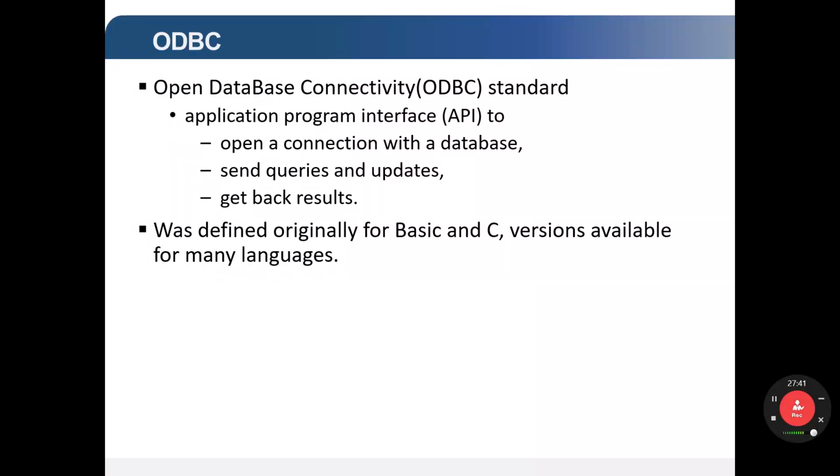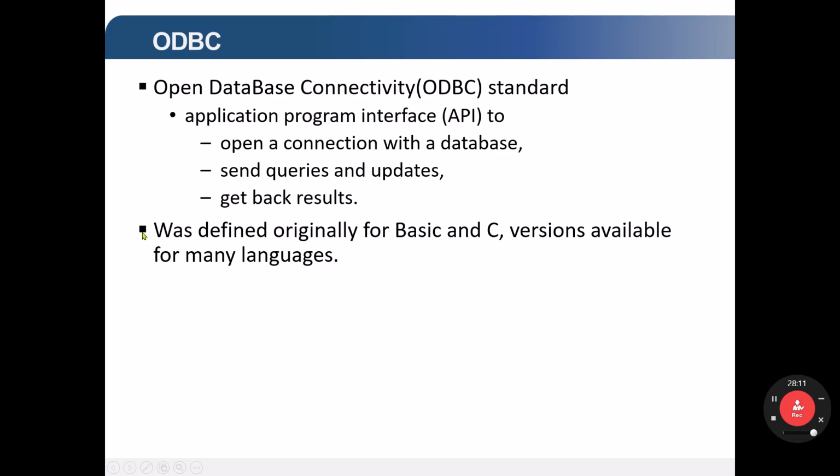And ODBC is language independent. JDBC can be used only in Java programs. In Python or C, C++, you cannot use JDBC, but instead you have to use another connection library called ODBC. The basic usage is similar, although the function names are different.